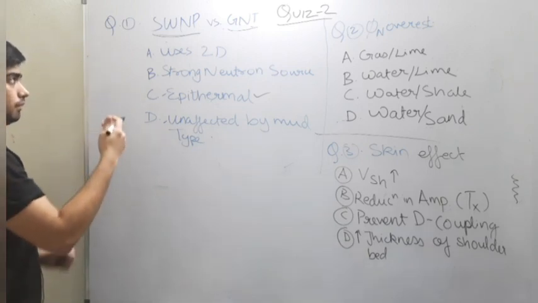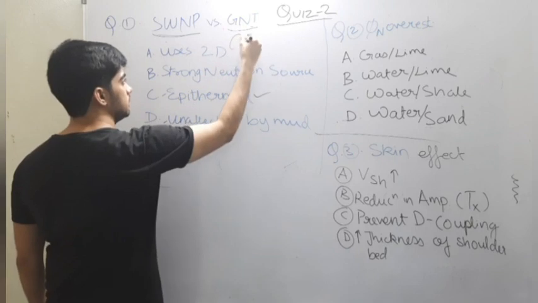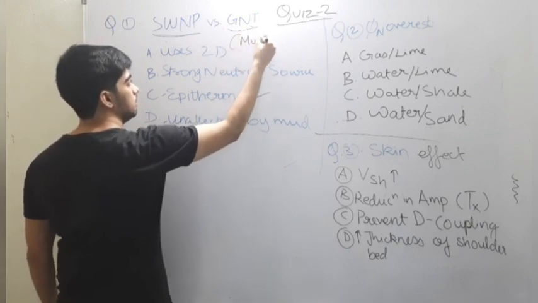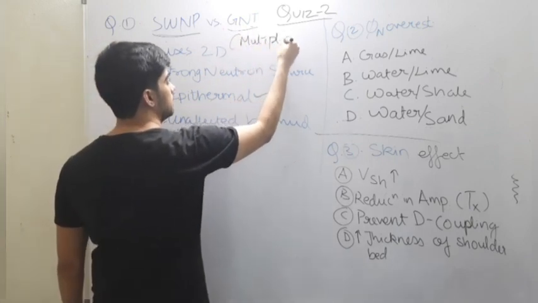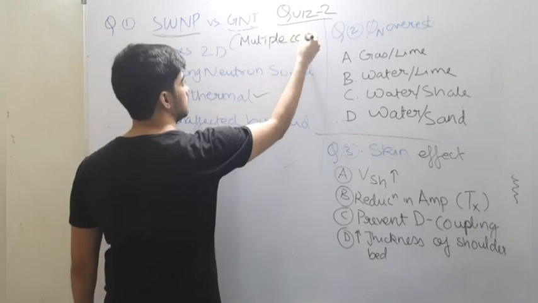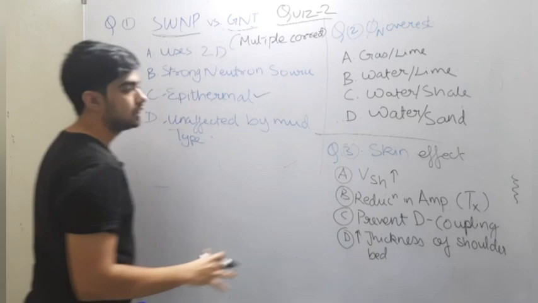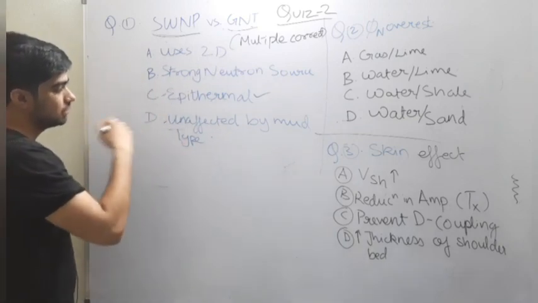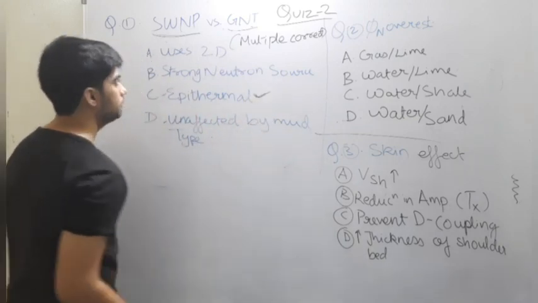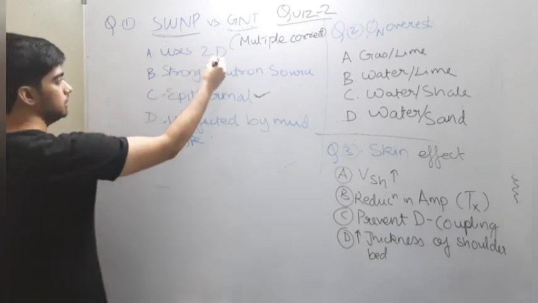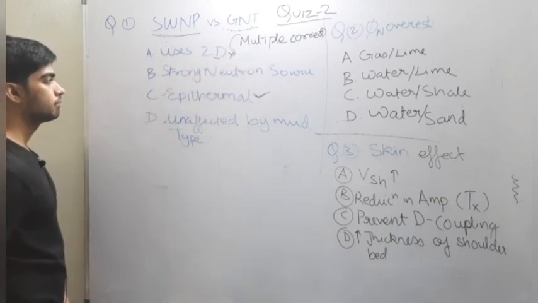Moreover, this is a question where multiple answers are correct. So epithermal is one option. It does not use two detectors.